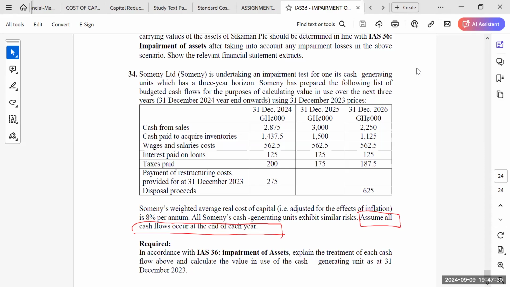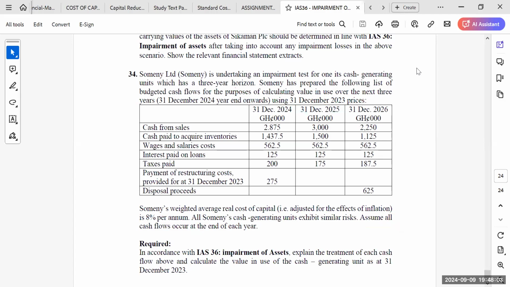We are doing this at the end of 2023, so a year from 2023 has to be 2024. That's why they have given these prices here. Okay. All right, let's come here now.